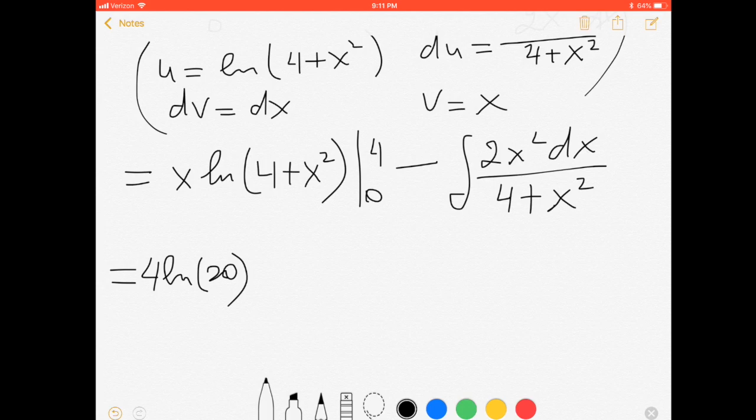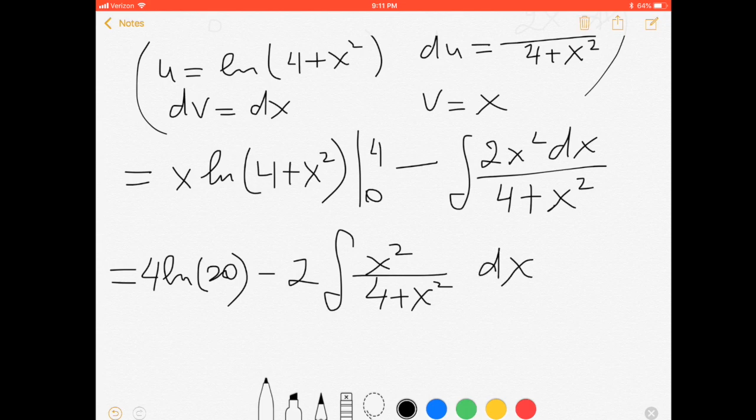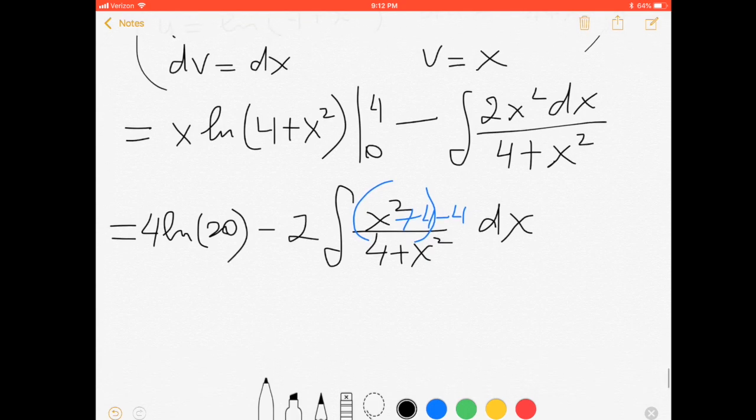Minus 2, here we have x squared over 4 plus x squared dx. Now I'm doing the trick we did before too. I add 4 and I subtract 4. Adding 4 is like one term, and subtracting 4 is like the second term.